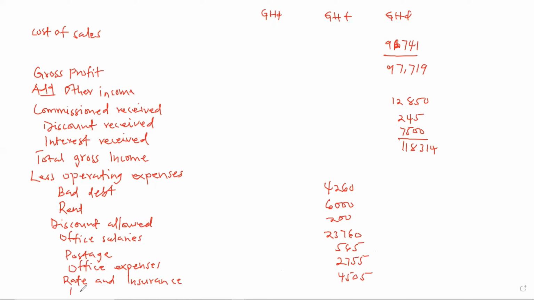Then we have light and heat, which is 2,766. 276.8. Let's continue at the next page.